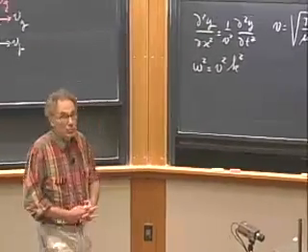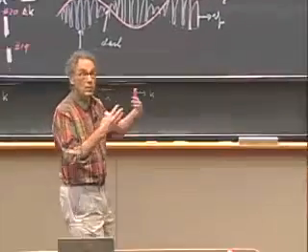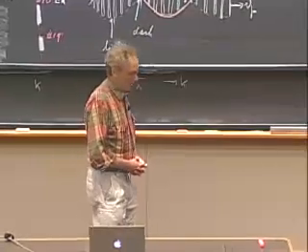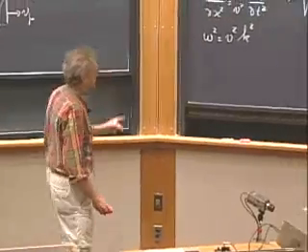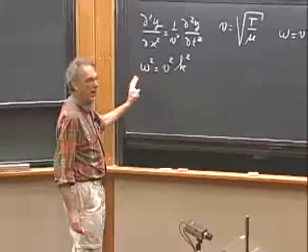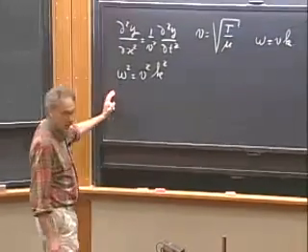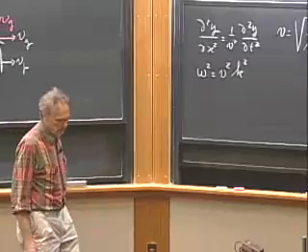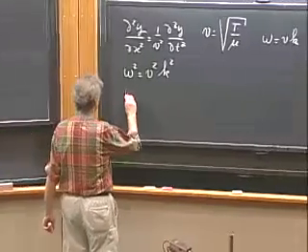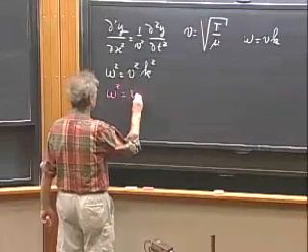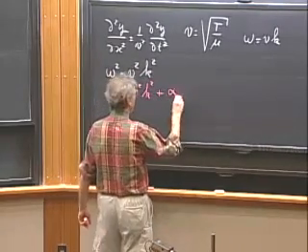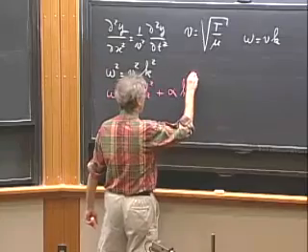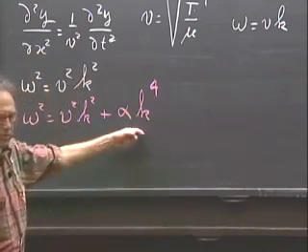If you go through the whole procedure again, which is slightly more complicated, you will get a different relation between omega and k. Now the medium becomes dispersive. Now you get that omega squared equals v squared times k squared plus alpha times k to the power 4. And this is the result of that stiffness.